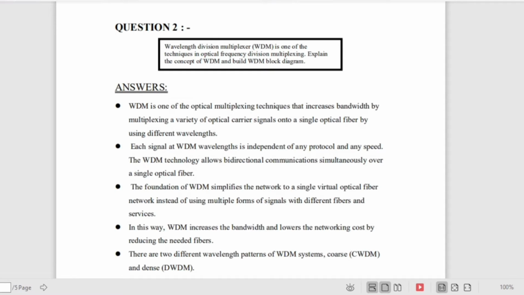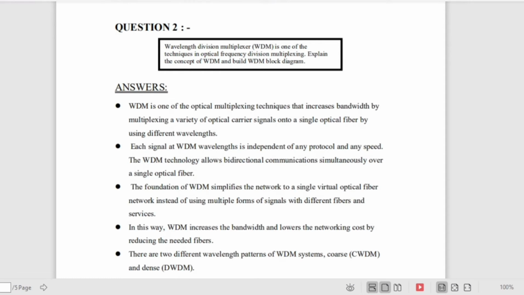WDM technology allows bidirectional communication seamlessly over a single optical fiber. The foundation of WDM simplifies the network to a single virtual optical fiber network instead of using multiple fibers for different signals and services. In this way, WDM increases the bandwidth and lowers the networking cost by reducing the needed fibers.